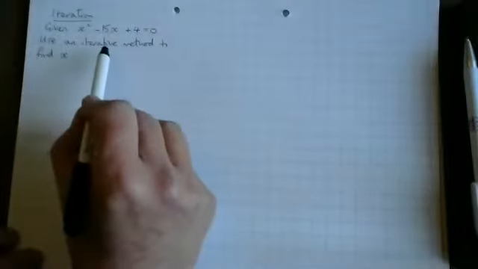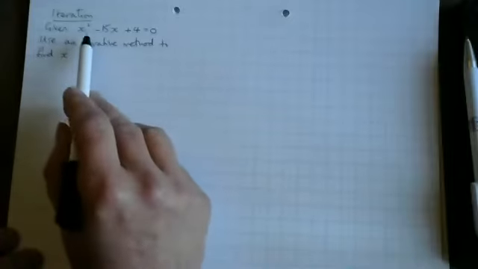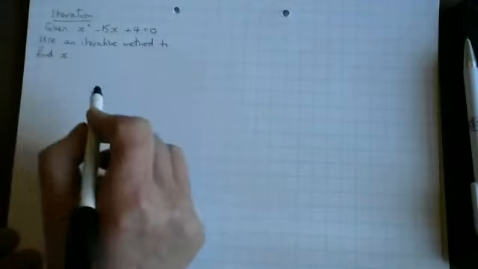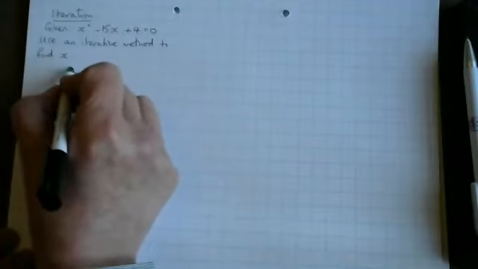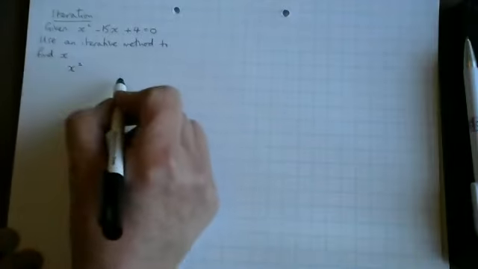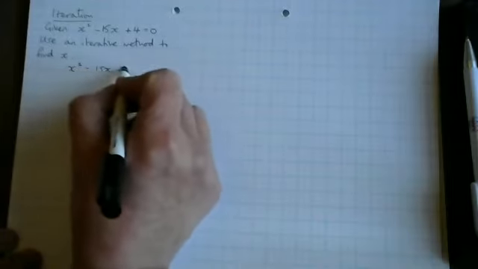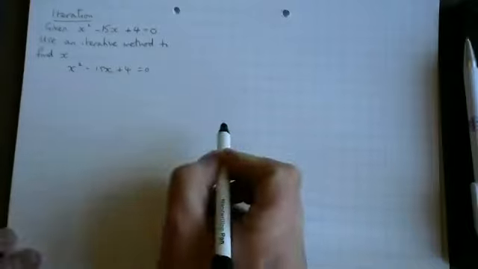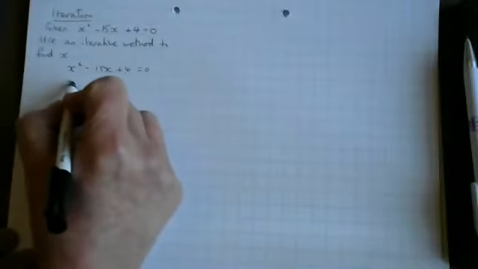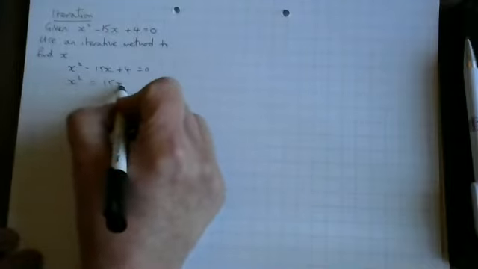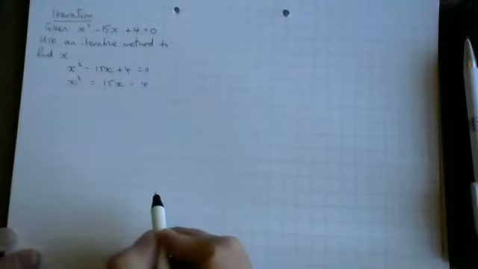Okay. We're going to use an iterative method to find x. Iteration means for an x squared one in general, just rewrite it as x squared minus 15x plus 4 equals 0. Get x squared by itself. x squared equals 15x minus 4.